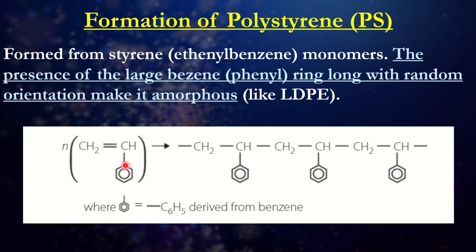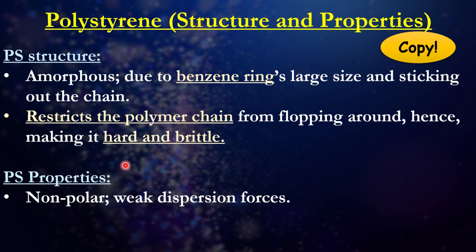So when you're constructing the polymer, there's a lot of stacking or branching that's going to occur because of that. And so it's going to be very low in density due to this benzene ring. Okay, so what that means is it's going to restrict the type of polymer we can create.